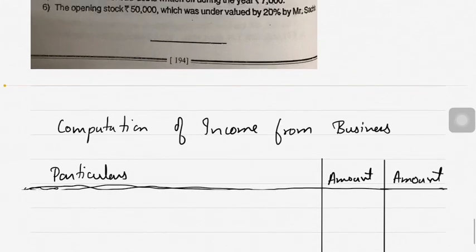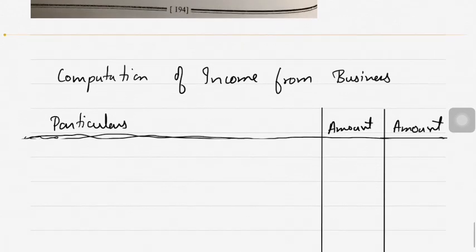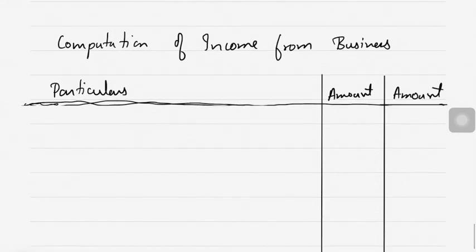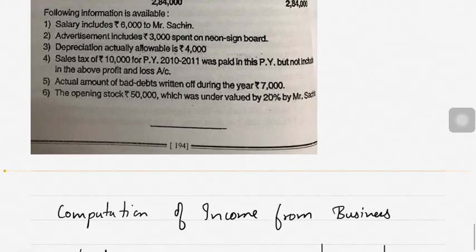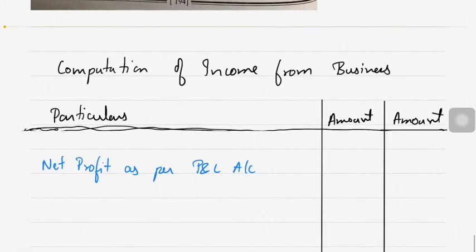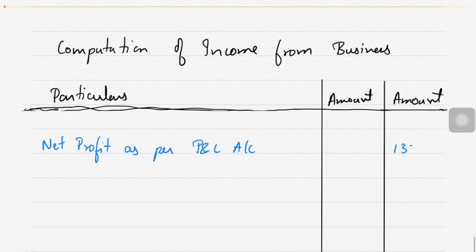First, you know the format, correct? So net profit as per P&L account is 1,32,000.